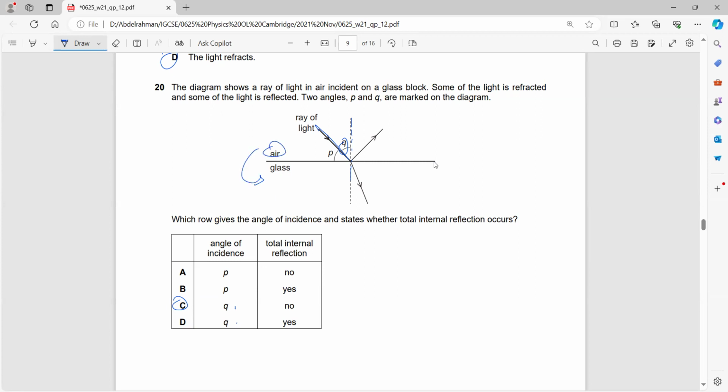It will never happen, no matter what. There's no condition. It can only happen when moving from glass to air or from water to air, for example. It has to be from the more dense medium to the less dense medium.